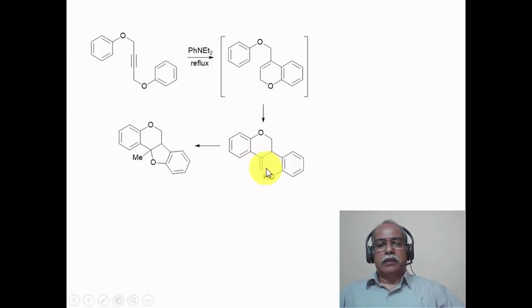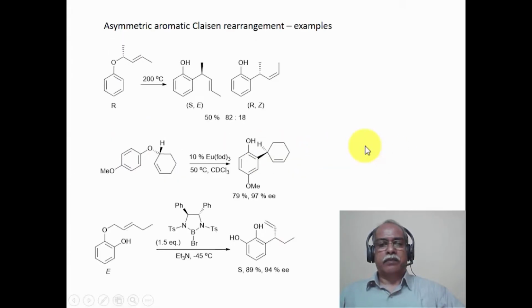This product is now undergoing an addition of a hydroxy functional group across this double bond in a Markovnikov fashion to give the benzopyran, benzofuran fused system of this kind. So it's an elegant way of synthesizing a fairly complex benzannulated heterocyclic derivative of this kind.